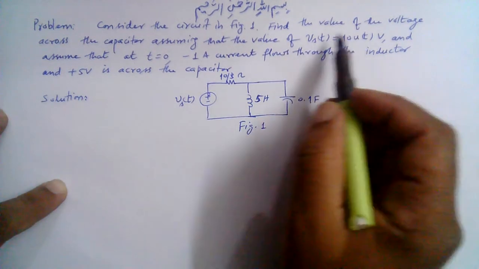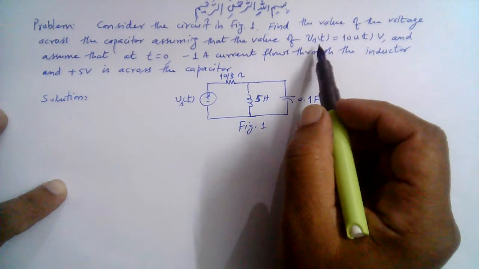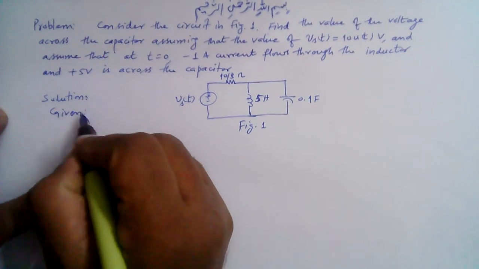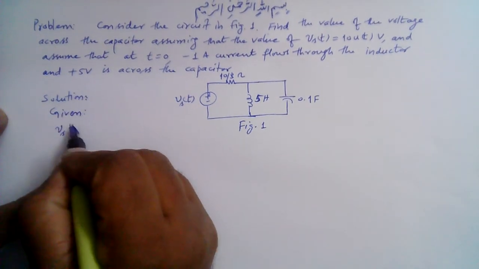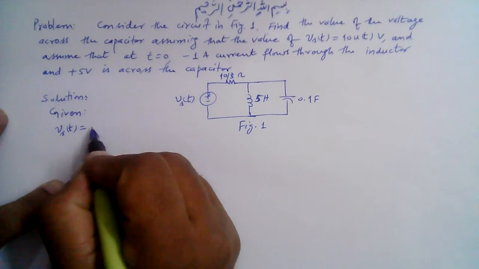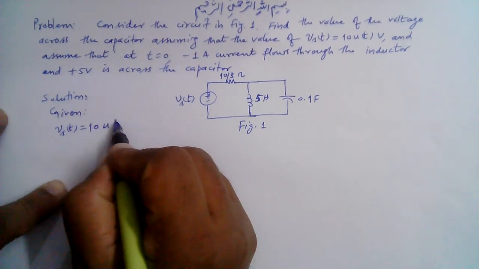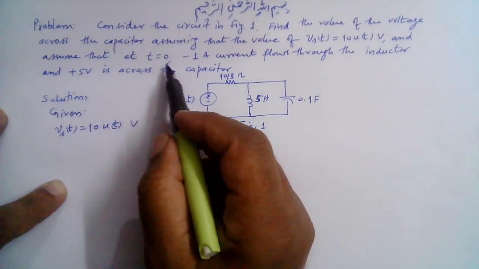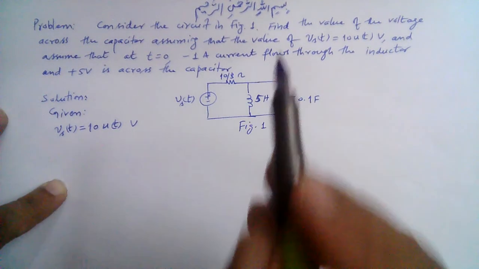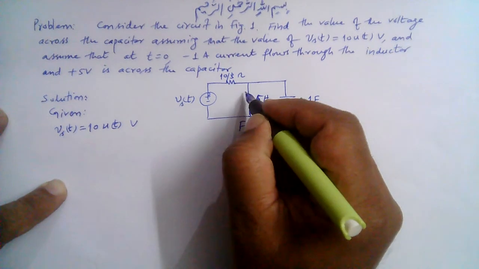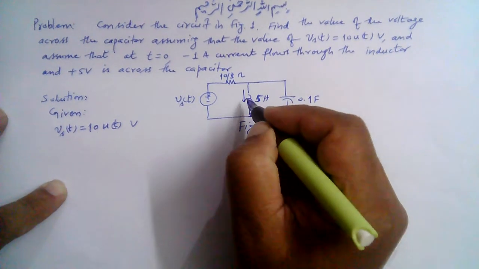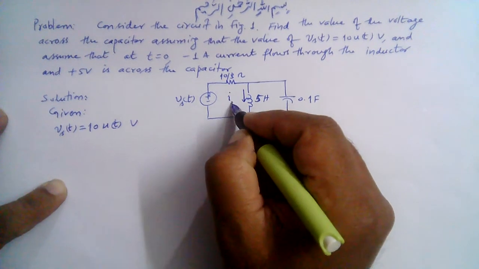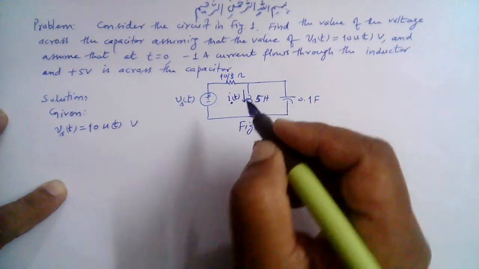So we are given that the value of Vs of t is equal to 10 u of t volts, right? And assume that at t is equal to 0 minus, 1 ampere flows through the inductor. So let's assume that the current through the inductor is I naught of t, at time 0.